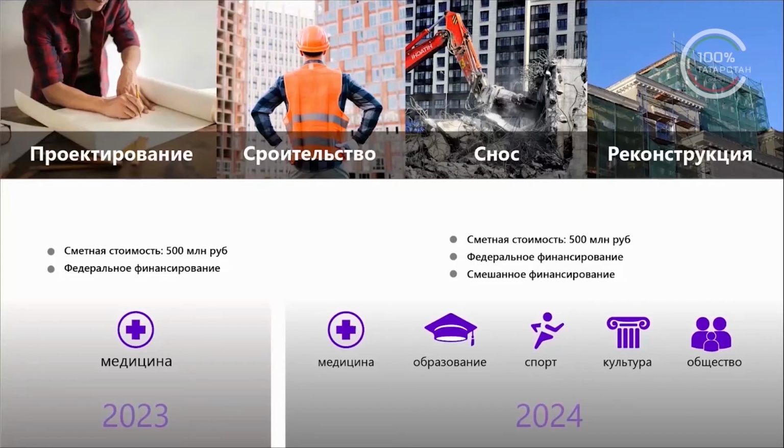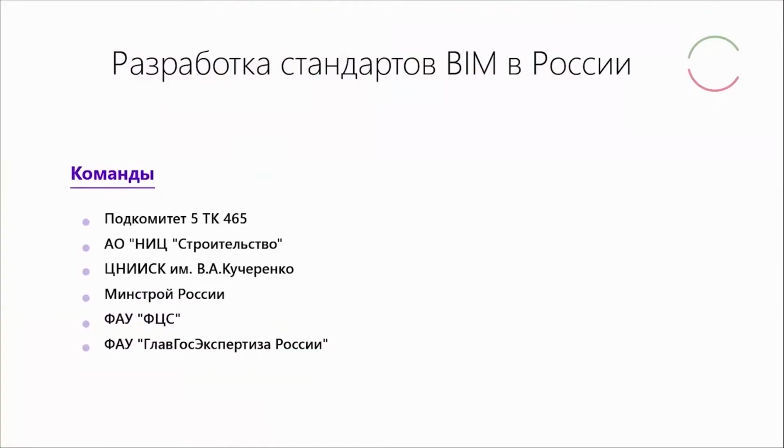The funding of this type of site will use the budget funds of the Russian Federation or the financial resources of legal entities with a Russian share of more than 50%.